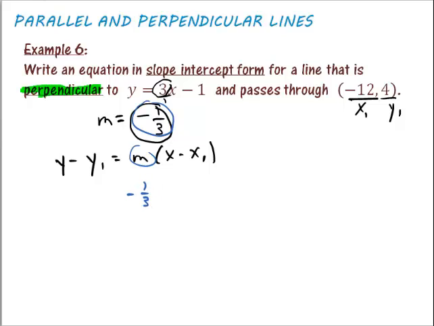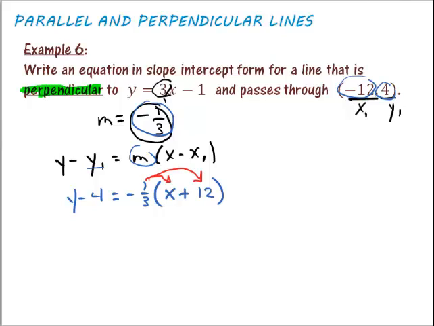We're going to plug in the negative 12 for my x, so it's x minus negative 12, which makes it x plus 12. And then over here, I'm going to plug in the 4 for my y1, so I got y minus 4. Now I want you to take just a moment and see if you can work this out. When you get done, go ahead and pause the video, and then start the video over and see how you finish.